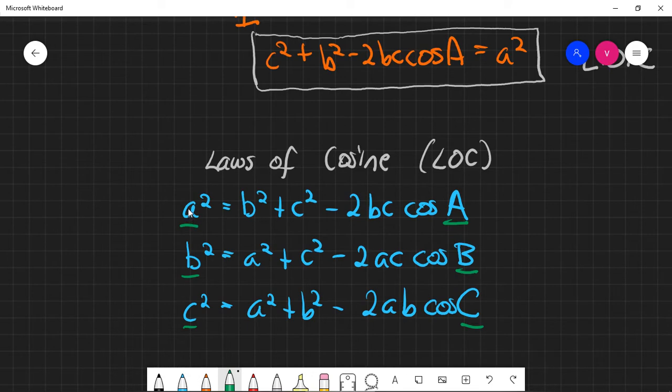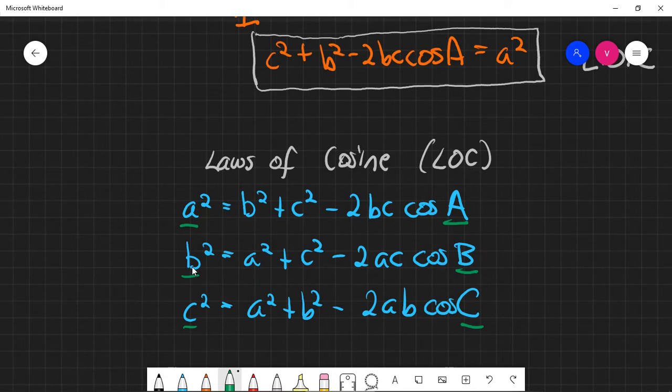If you will notice, it's a squared equals b squared plus c squared minus 2bc cosine A. That's angle A there. The a squared is a side; all the little letters are sides, all the capital letters are angles. So you notice that side A and the angle A are on 2 opposite ends of this equation.